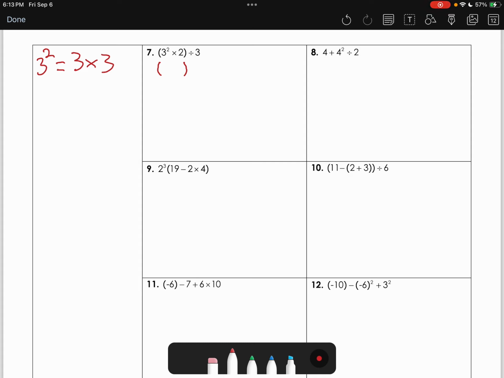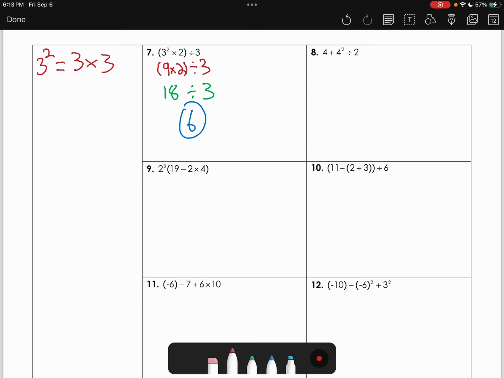So 3 times 3 is 9. Then we have to move our multiplication symbol and our 2 down and divide it by 3. Okay, still working within our parentheses. We have 9 times 2, and that's going to be 18. Move our division symbol, then move our 3. So we only have one thing left to do here, and it's 18 divided by 3, and that will get us to 6.